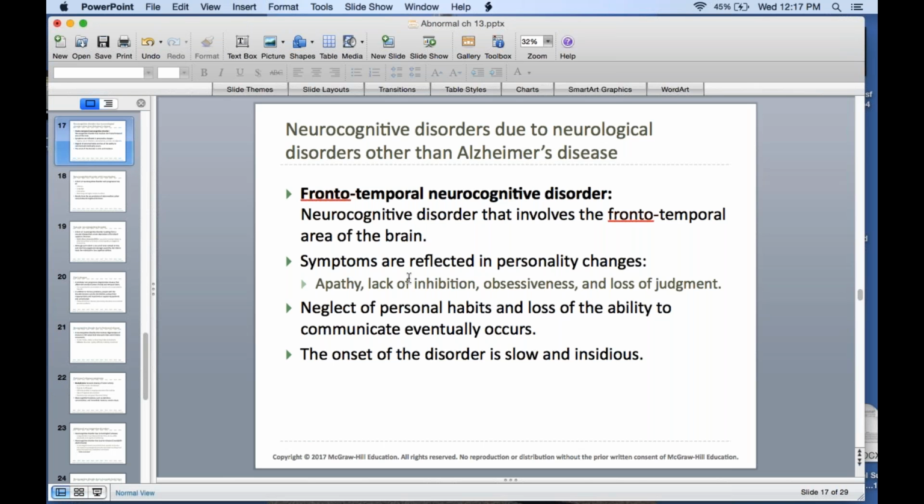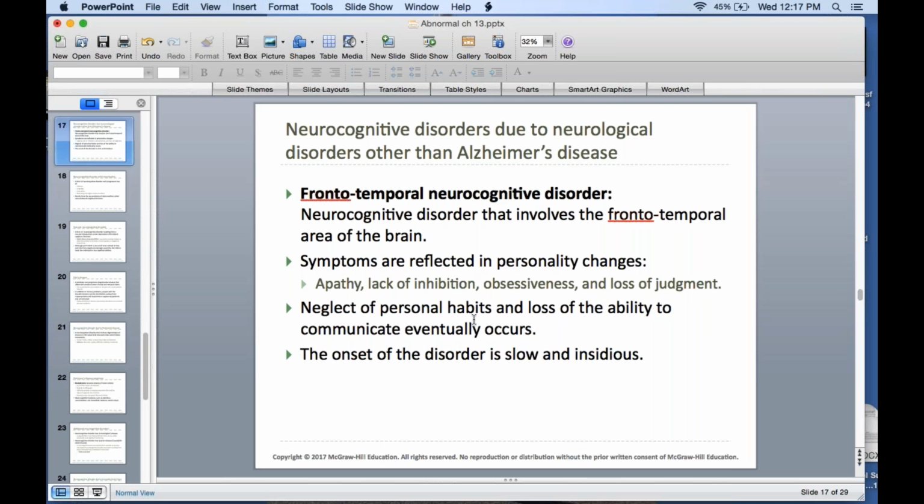Symptoms are reflected in personality changes. So we start to see apathy, lack of inhibition, which can be a problem, obsessiveness, and loss of judgment. This individual really needs someone else helping with caretaking and making sure they are not making real bad, impulsive decisions.